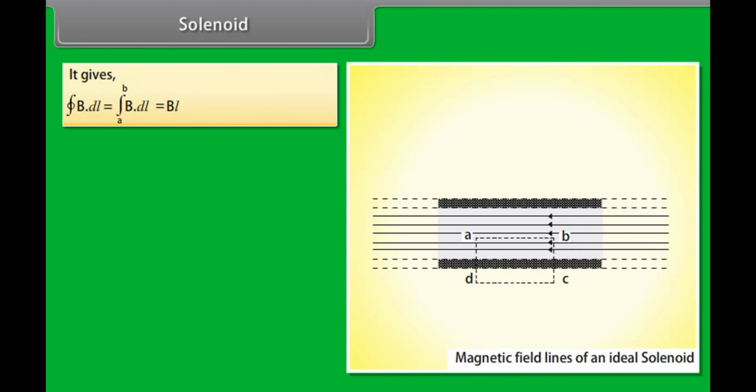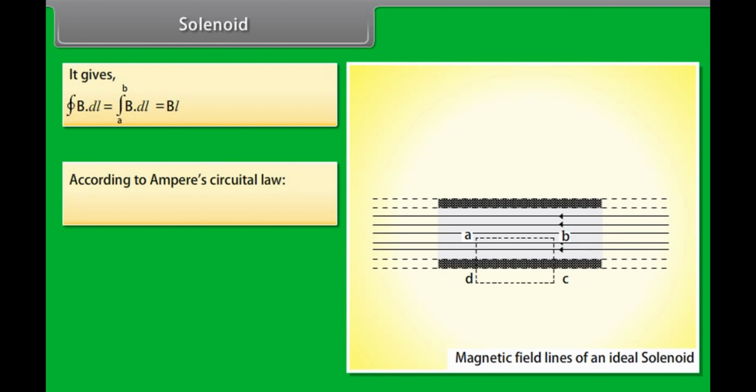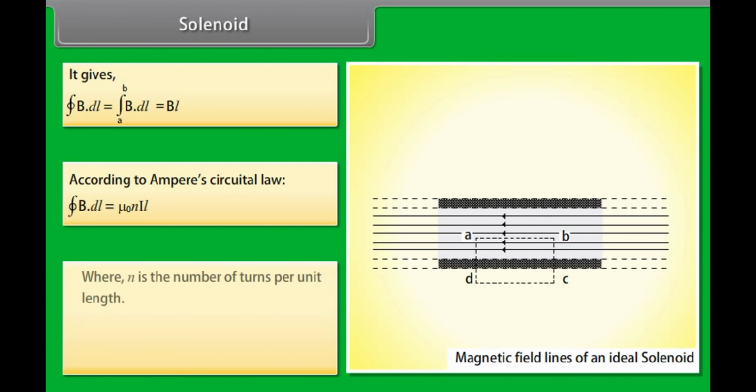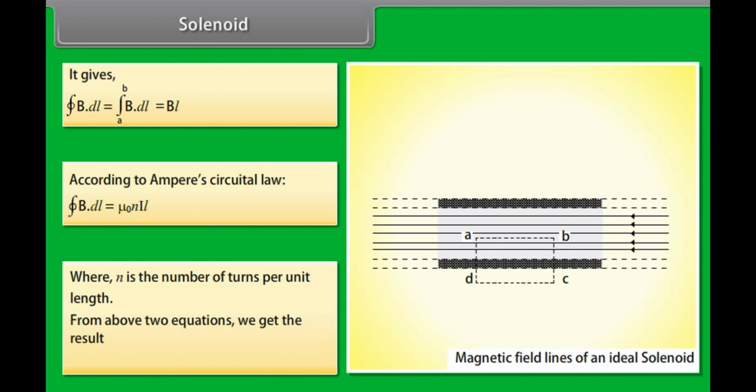It gives closed integral of B dot dl is equal to integration from A to B of B dot dl, which is equal to BL. According to Ampere's circuital law, closed integral of B dot dl is equal to mu naught nIL, where n is the number of turns per unit length. From above two equations, we get the result B is equal to mu naught nI.